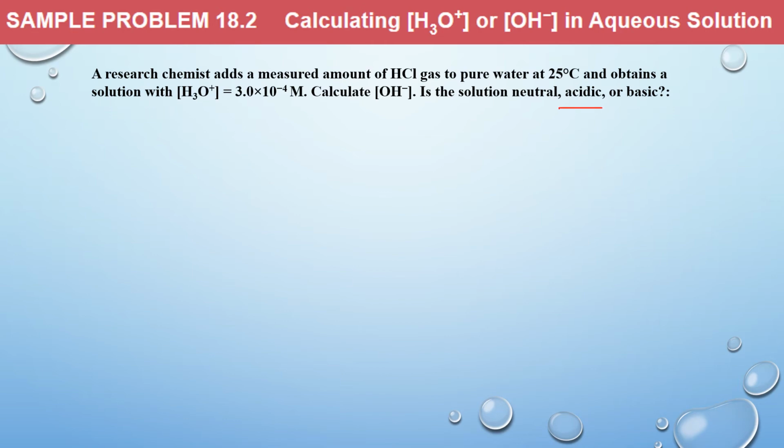But let's use our calculation to determine what type of solution it is. In the question, it tells us the concentration of this hydronium ion or the proton is equal to 3 times 10 to the negative 4. We want to calculate the concentration of hydroxide. If you have a piece of paper available, pause the video and calculate the concentration of hydroxide.